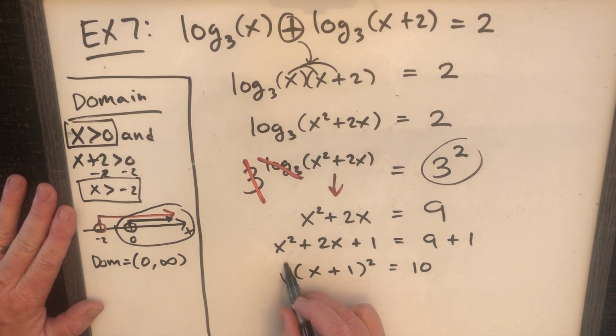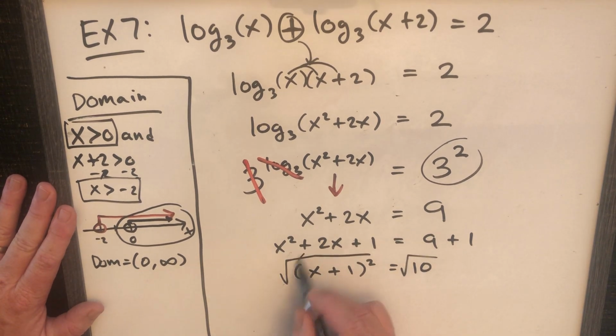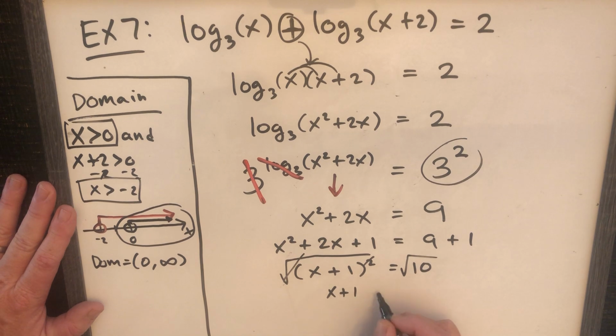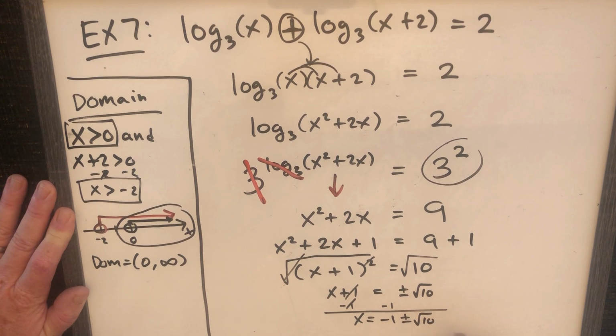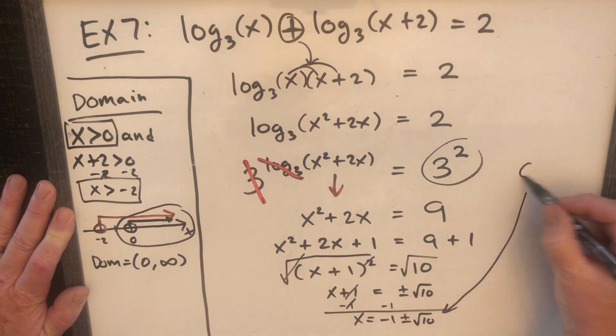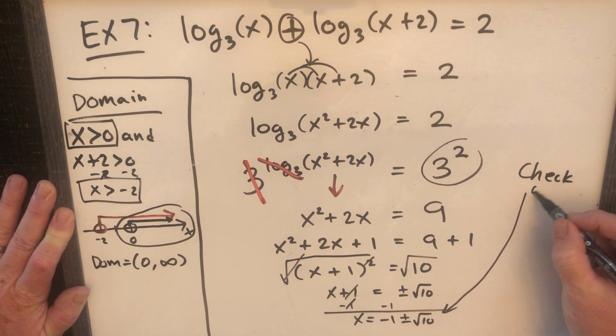The final result, we're going to square root both sides. We're going to have x plus 1 is plus or minus the square root of 10. Subtracting 1, x is -1 plus or minus the square root of 10. Check with the domain.